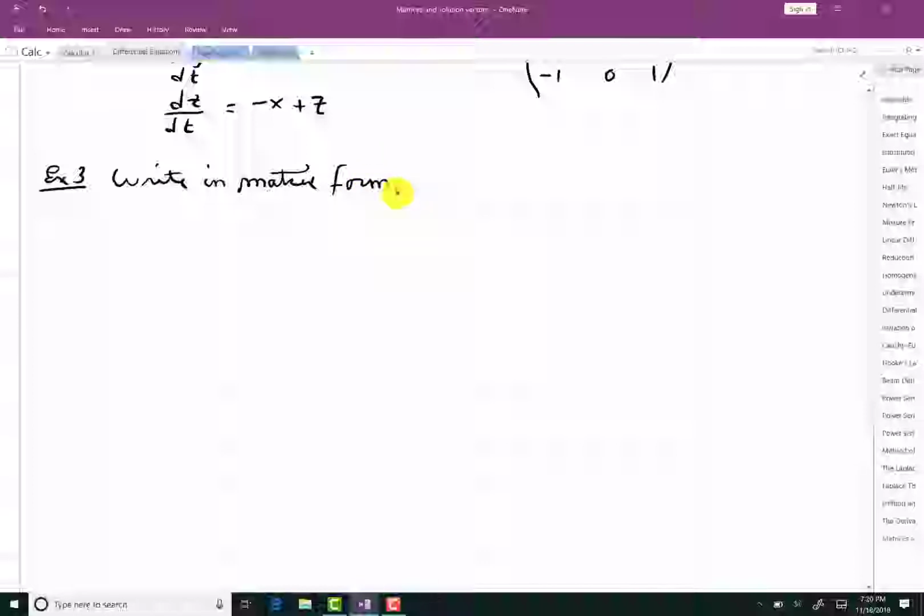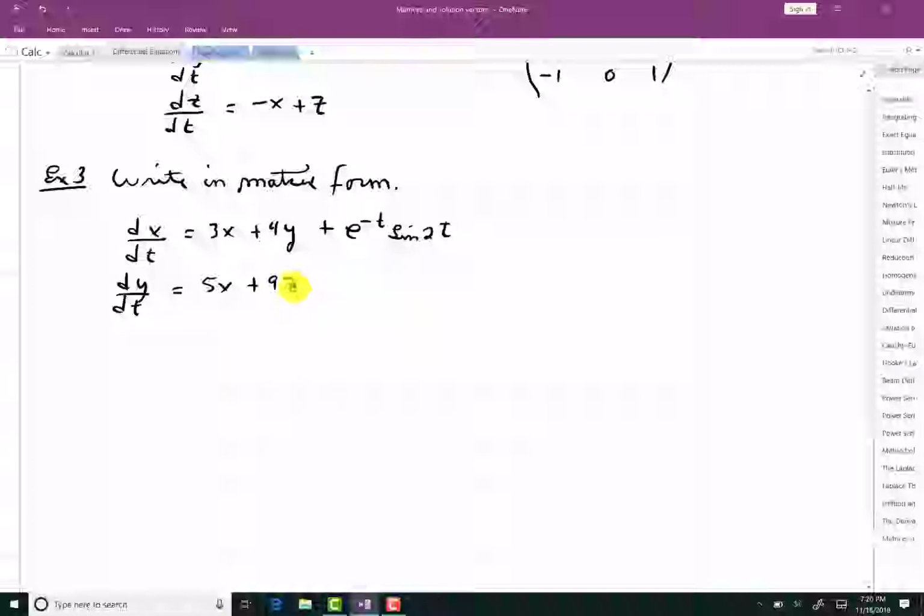Same deal. Here we'll have dx over dt. This time it will equal 3x plus 4y plus e to the negative t times sine of 2t. dy over dt equals 5x plus 9z plus 4e to the negative t cosine 2t.